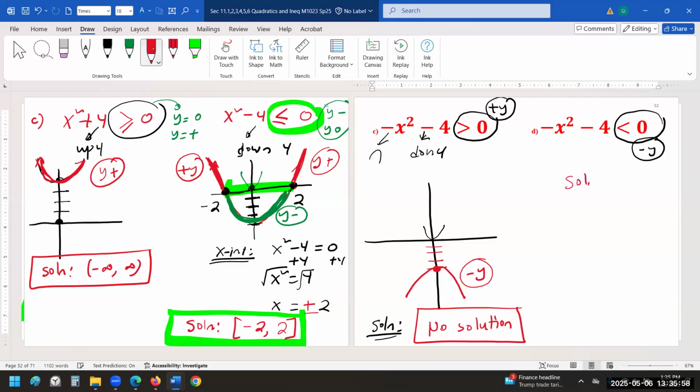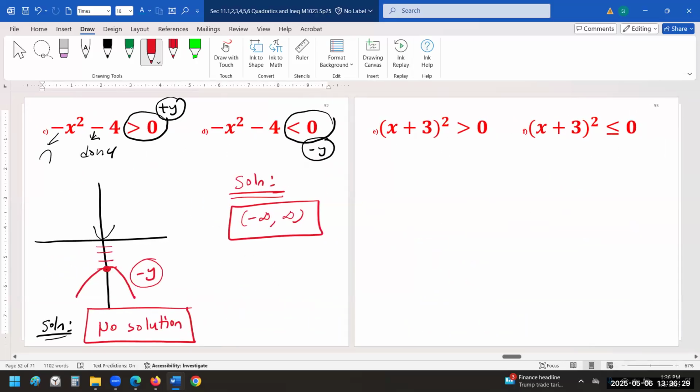So the solution for this is the entire axis, negative to positive. Because you're looking for negative y, all the y you see is negative. So you're observing y, but giving them the axis. Is it clear?